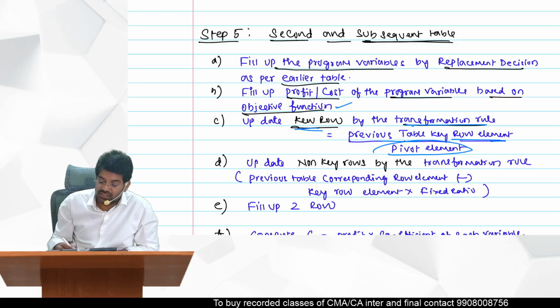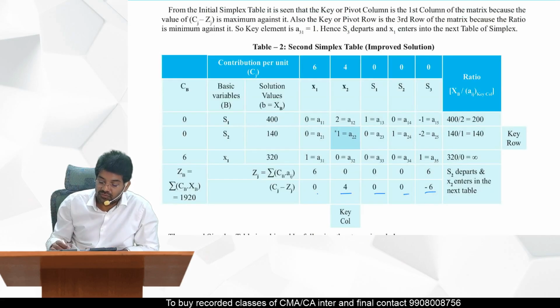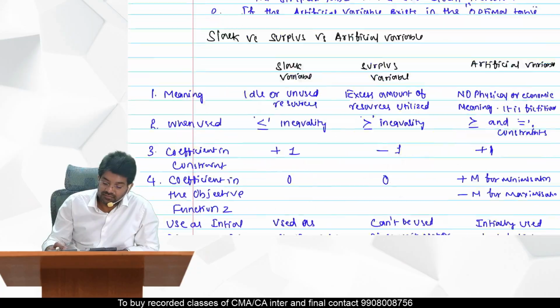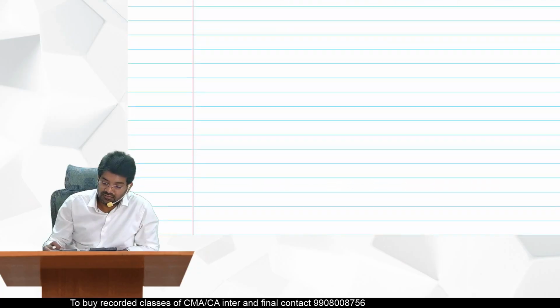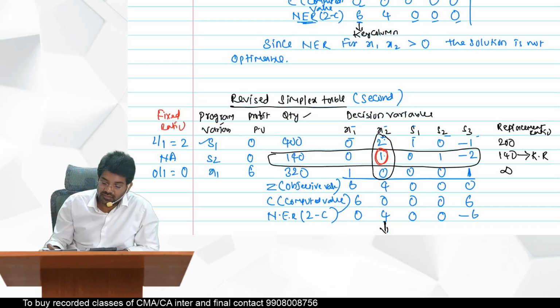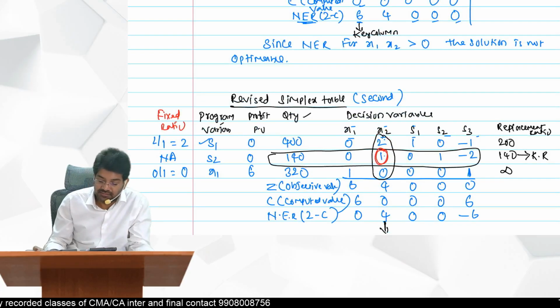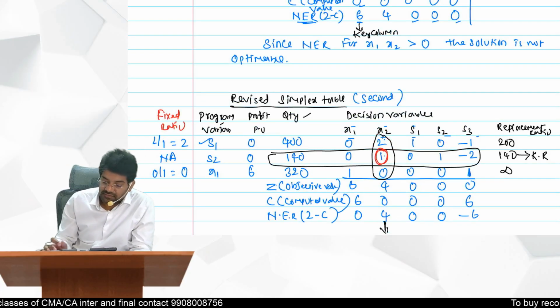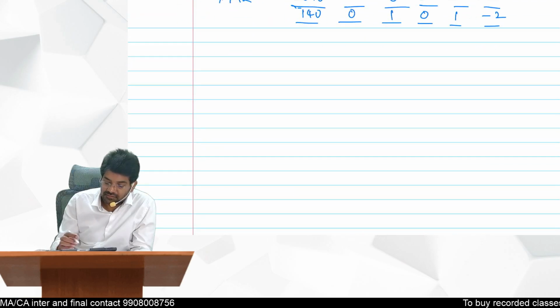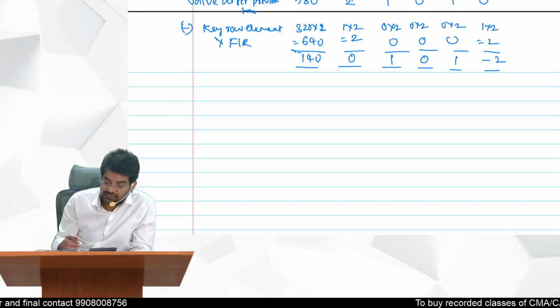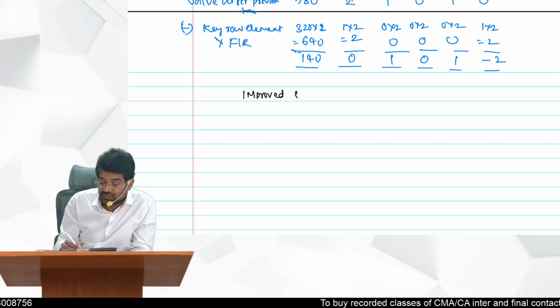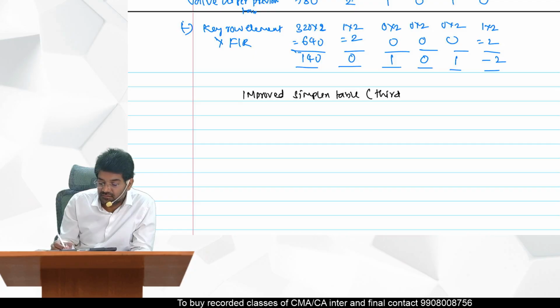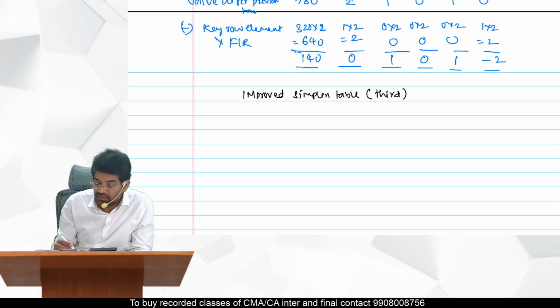Now let us do this. We should set up a new table here: the improved simplex table, the third one.